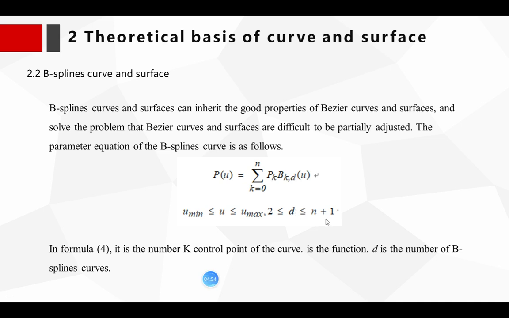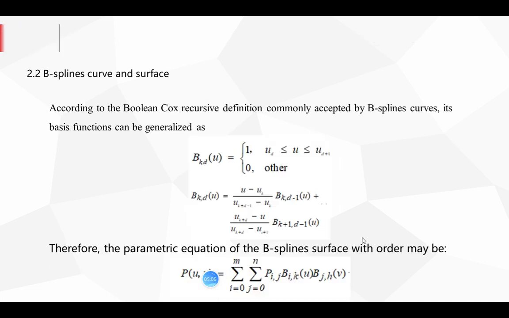In this form, this is the k-th control point of the curve, this is the basis function, and d is the degree of the B-spline curve.